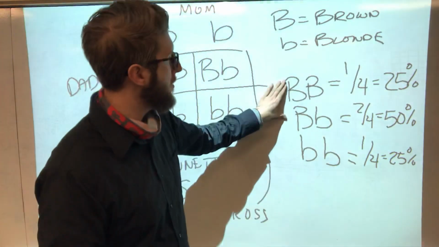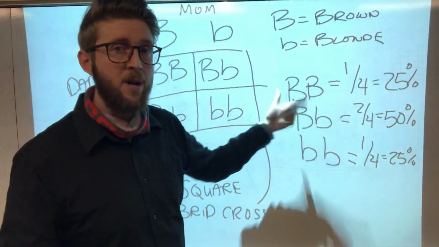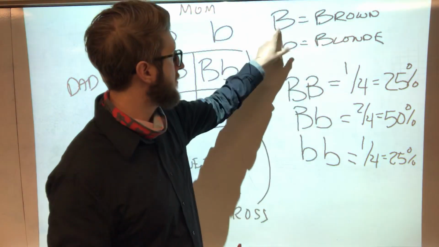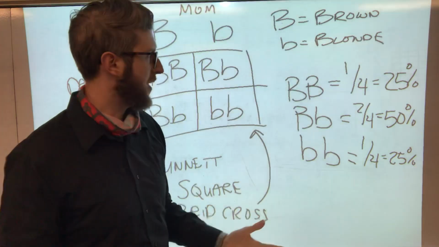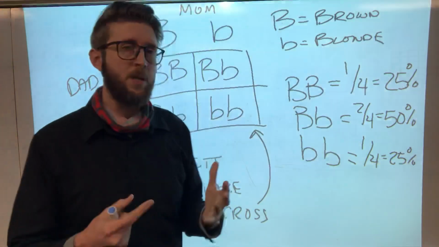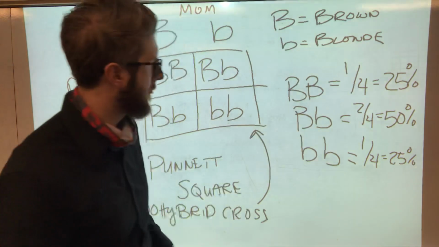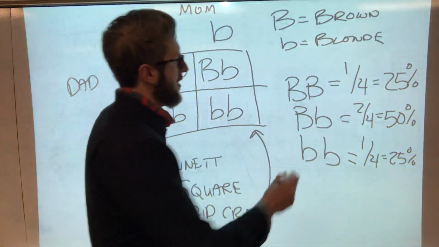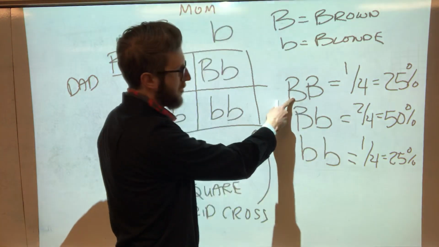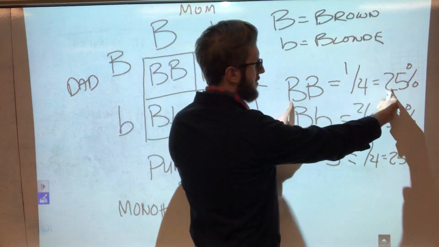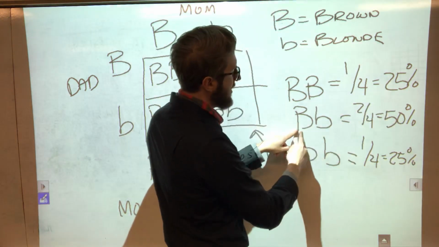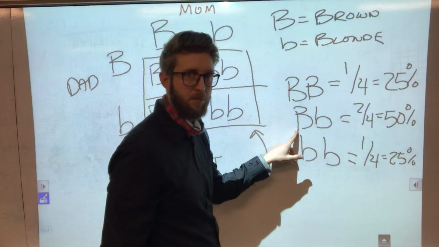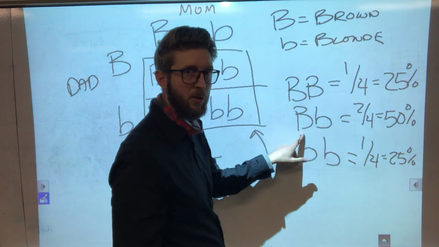So remember, because brown hair is dominant, it's capital B. What's the percent chance that the kids would be brown hair? Well, these guys will be brown haired, so that's 25, and these kids would also be brown haired because the capital B is present, so it gets expressed.